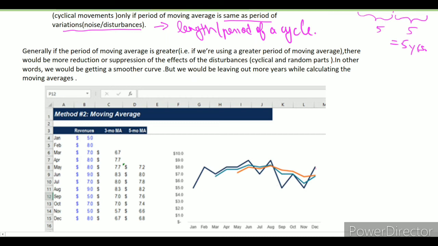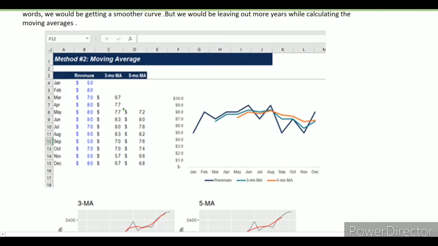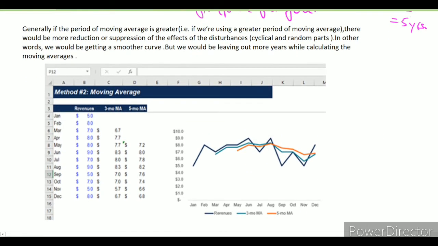Let's say we want to find the trend, the general direction or tendency where data is moving. If we use a 3-year moving average, the blue-greenish line gives us a trend line that looks like this.